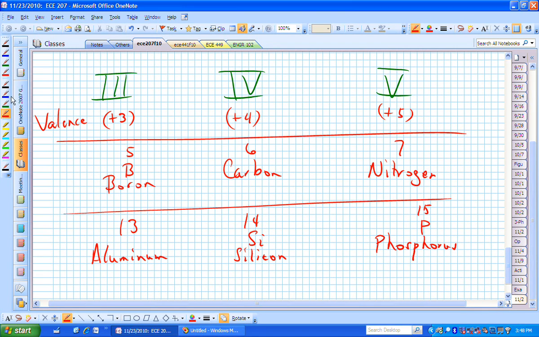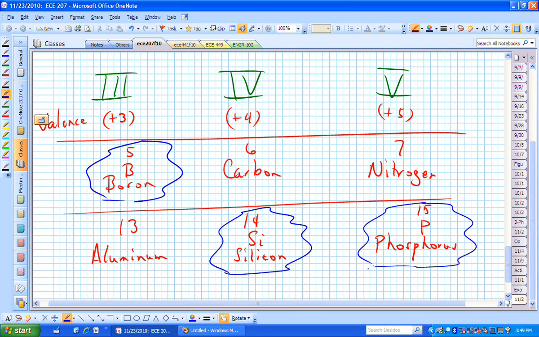The ones that we are going to play more with or talk about are, let's say, a 3 valence of boron, silicon, which might be our base element, and phosphorus, which is our 5 element, and we may now play with combining those into certain devices. That's the idea.